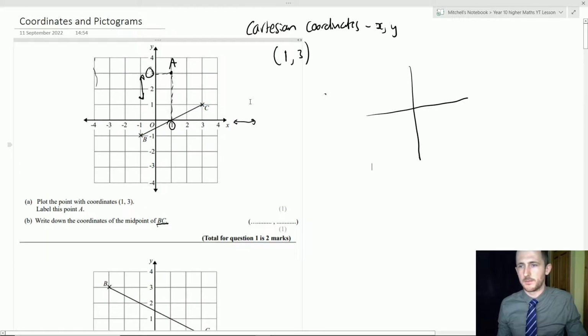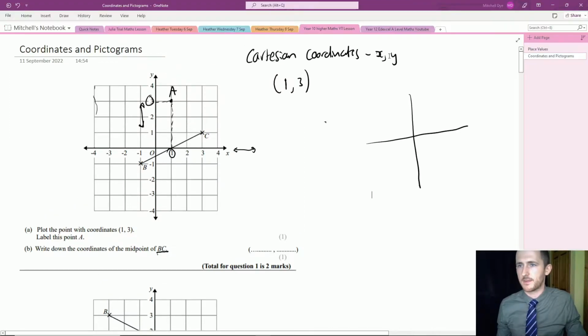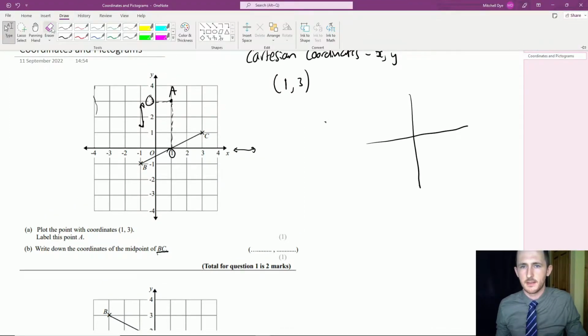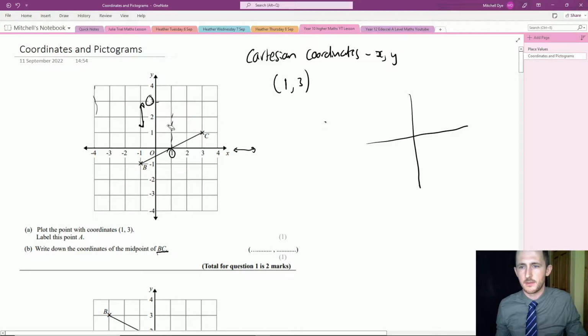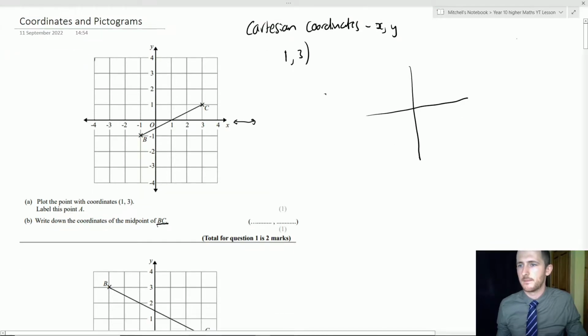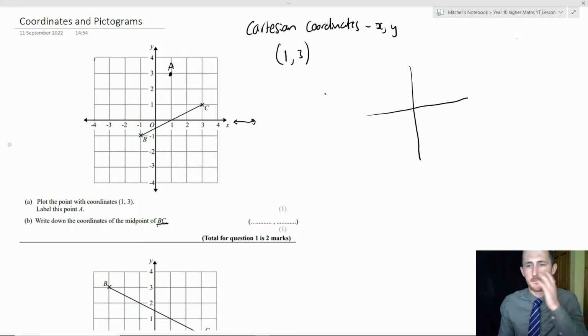So bear with me one second. The answer to the first question is going to be just this coordinate here, point A. Now the midpoint, you can do it by sight, but that can be a bit awkward to do. But if I do it by sight, I can see that this is going to be my midpoint.